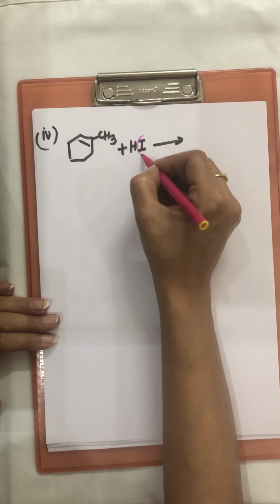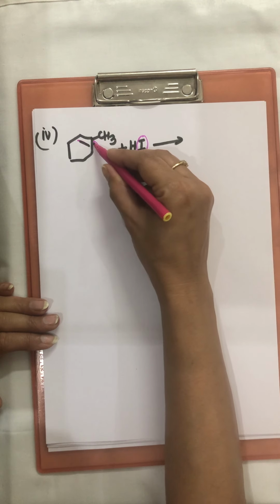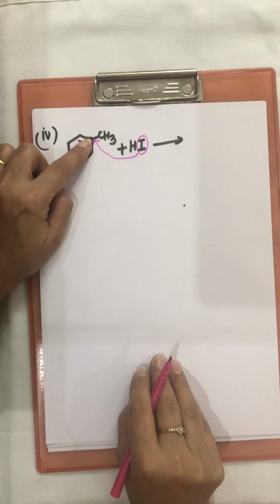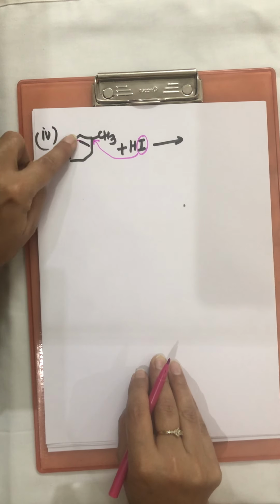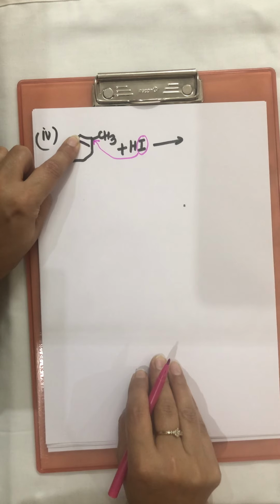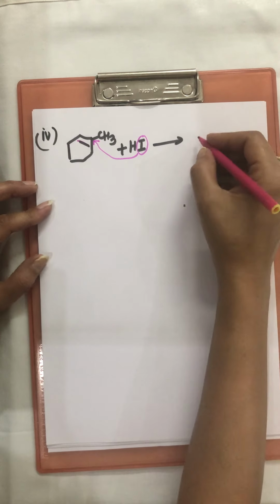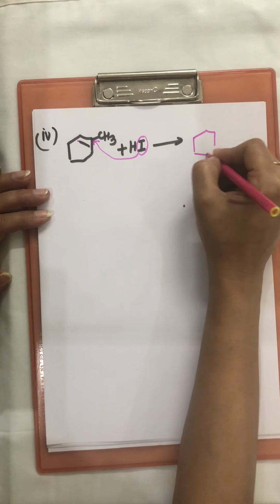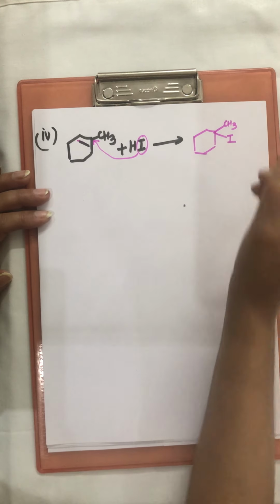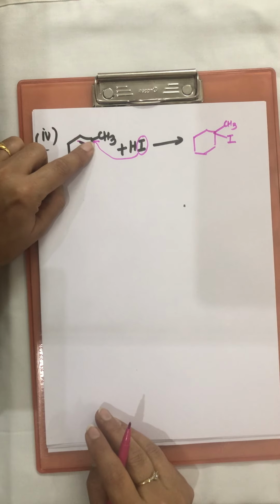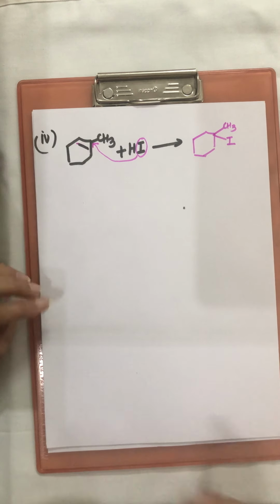That means this I will be added to this side of the double bond where there are no hydrogen atoms, and H will add to this side where there is one hydrogen atom. So addition will be according to Markovnikov rule. The double bond will change to single, and I will come here with this double bond carbon atom.